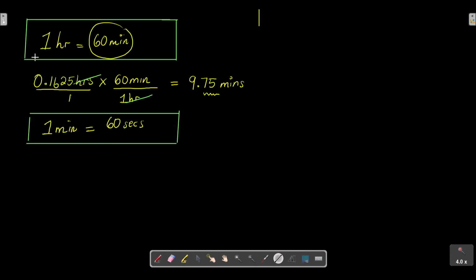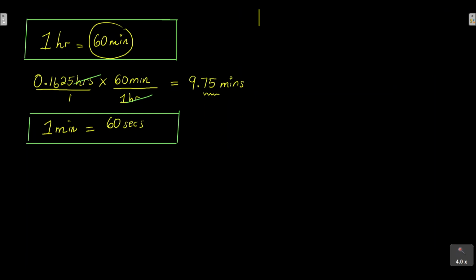We want to convert just that 0.75 into seconds, not that 9, because that 9 is already in minutes. We've got 9 minutes plus 0.75 minutes.